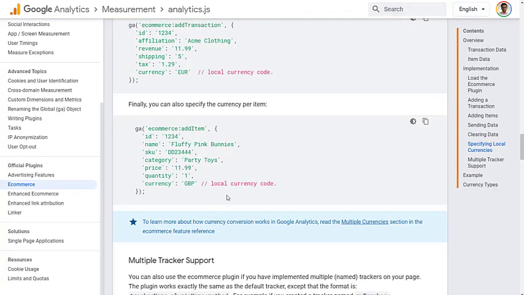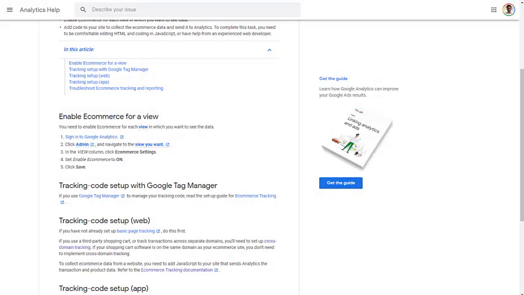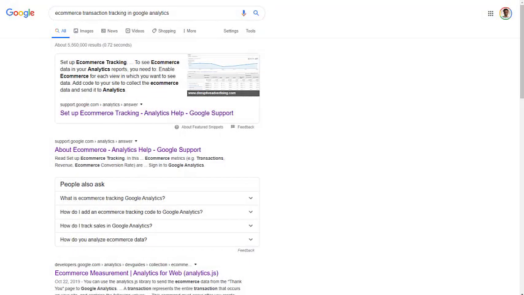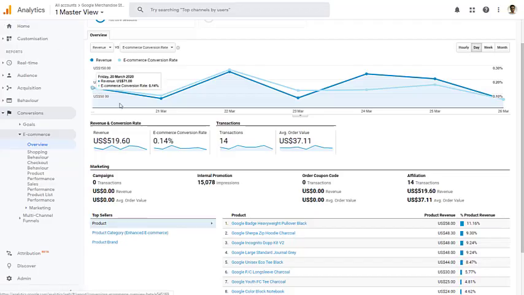So this thing I won't discuss much in detail. Let's jump on to the reports, which I believe most of you will be using. If you get a job in the e-commerce business, then these are the reports you will be accessing on a day-to-day basis. So now I am under e-commerce, and what I see is an overview.